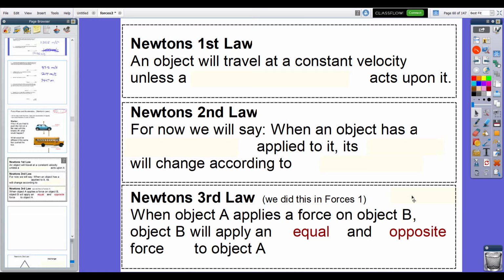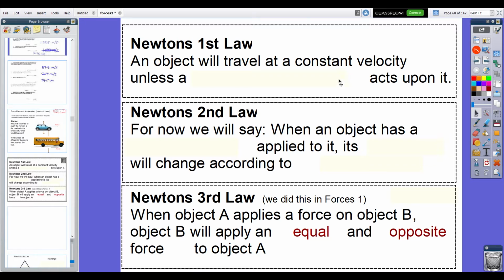Same with a rocket accelerating up into the sky. The rocket is accelerating up, and it's literally pushing air particles down. Which is bigger, the sum of all the forces pushing the air particles down, or the sum of the forces pushing the rocket up? Neither. They are equal but opposite.